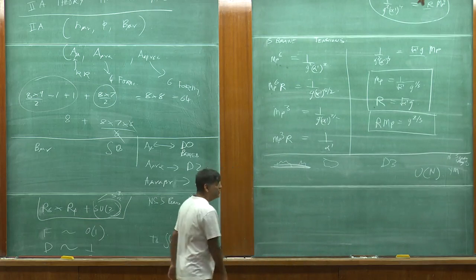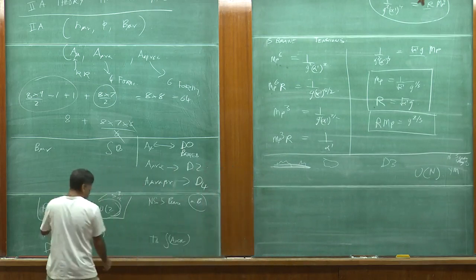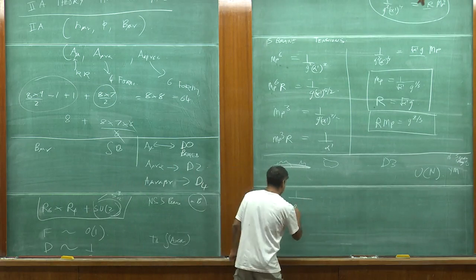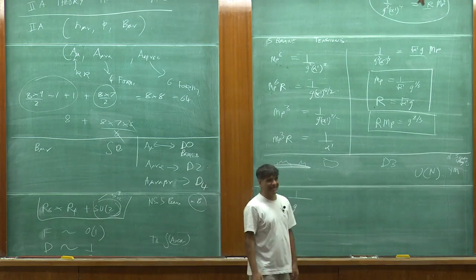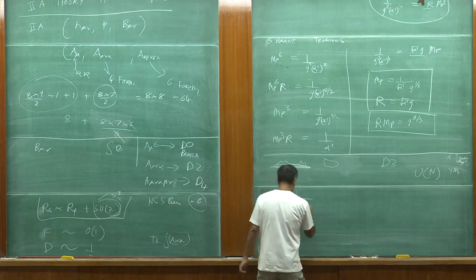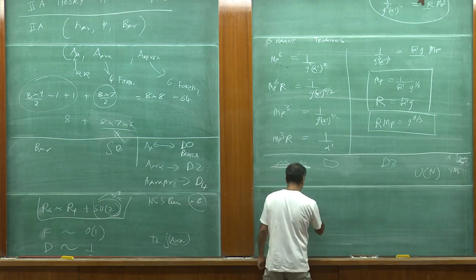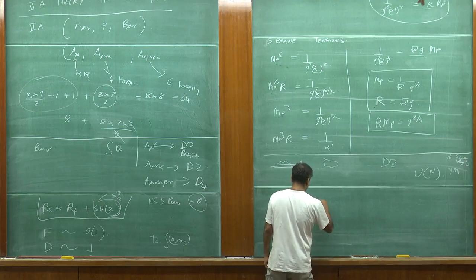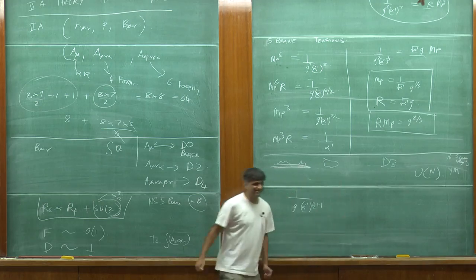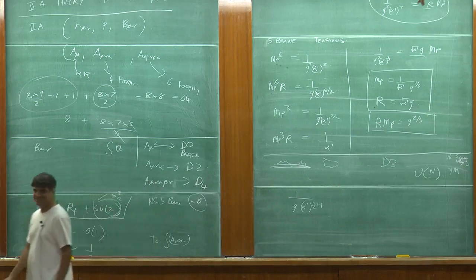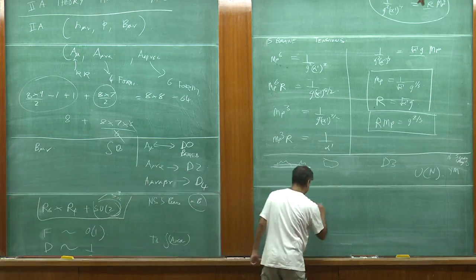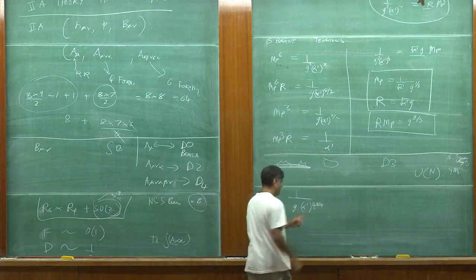Now, you answer that question as follows. I told you what the tension was of these D branes. So suppose we are in a Dp brane. So we will have 1 over g, then alpha prime to the power (p plus 1) by 2, if we are in a Dp brane.